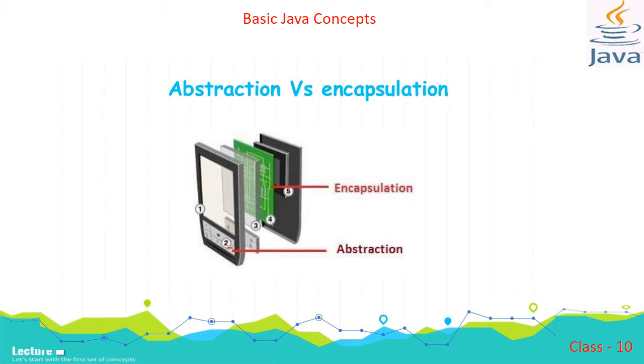The features available on our screen by which we can operate our mobile are part of abstraction, and the circuit board inside the device is the concept of encapsulation. Very well, we have understood the concept of encapsulation and abstraction.